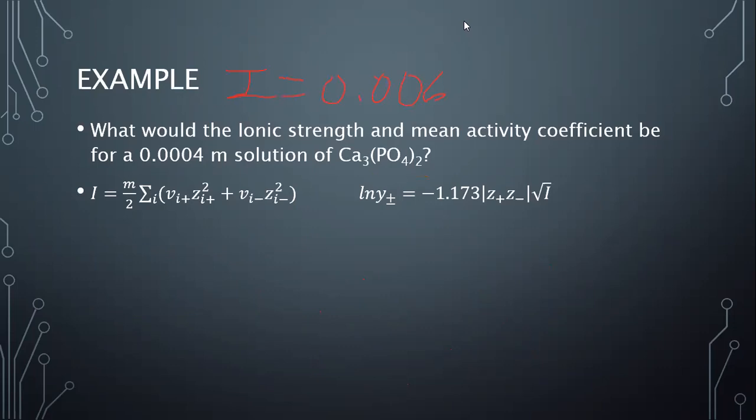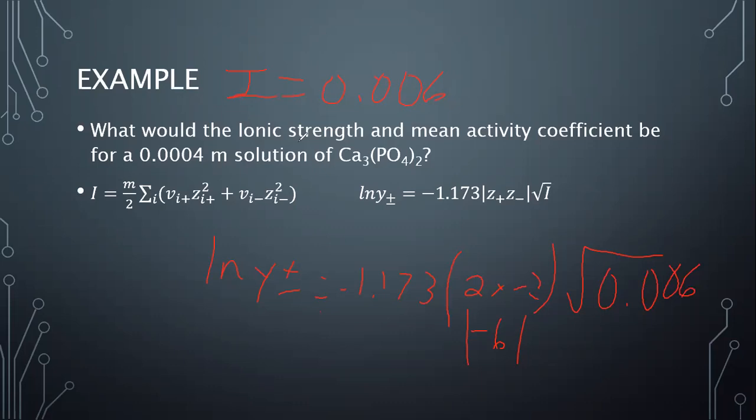So for water, ln γ plus-minus equals negative 1.173, times the absolute value of what? 2 positive times 3 negative is going to be negative 6, but the absolute value of that gives it positive 6, times the square root of 0.006.